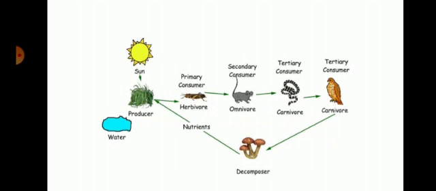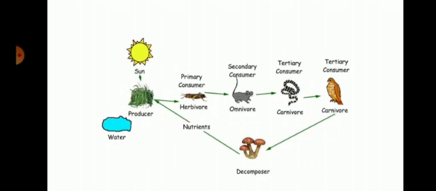Decomposers: microorganisms such as bacteria and fungi which convert dead plants and animals to humus are called decomposers or recyclers.